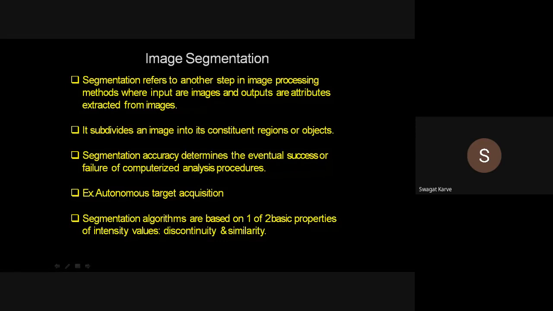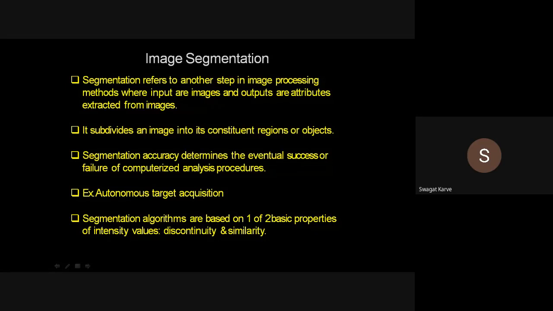Its objective is, sometimes we have to split the image into different parts for processing purposes, or to extract some information from it, right? Why do we have to segment the image? Because sometimes we have to process that particular shape, or we want to extract some information from that image. So that's why we have to segment the image into two or more than two parts, right? It is not necessary that you always segment in two parts. You can go for more than two parts also.